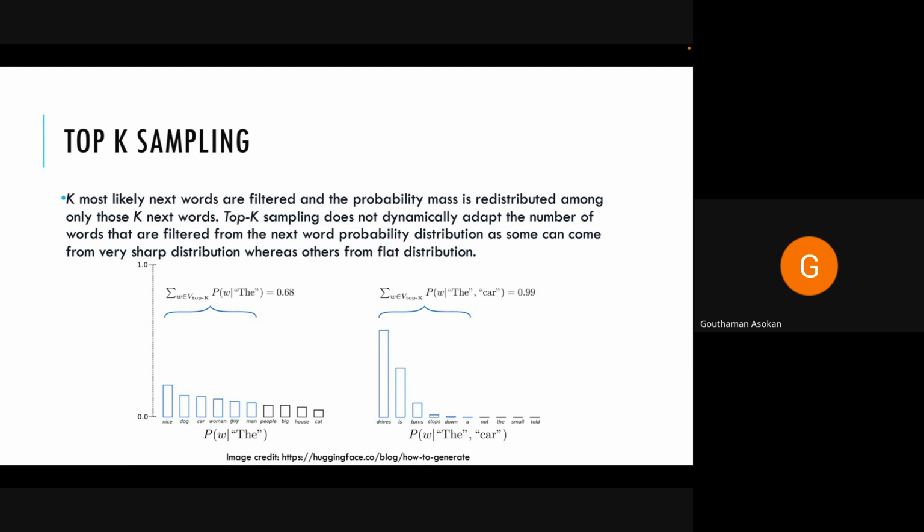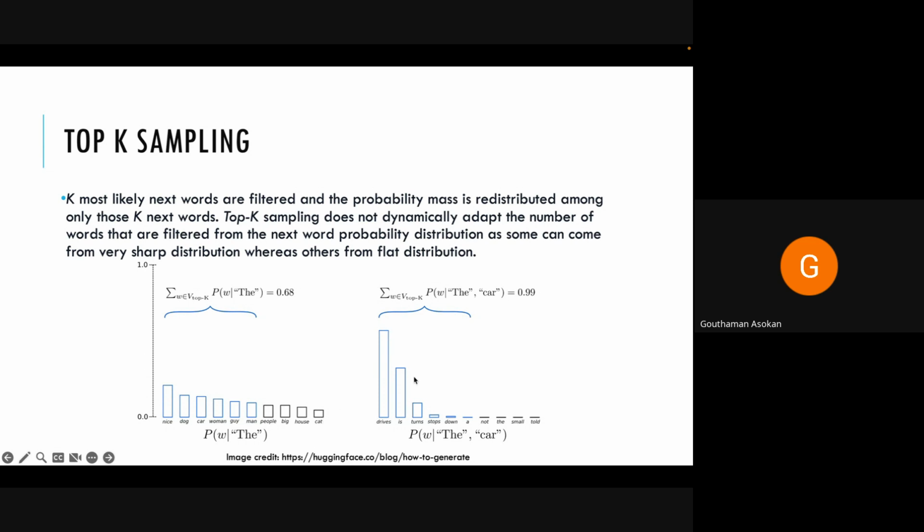But one of the issues with using top-K sampling is that the distributions would not always be very sharp, with very distinct words. Here, there are some very big distinctions between each of the words. But here, let's take for example, the first one stands out and the others are more or less the same.